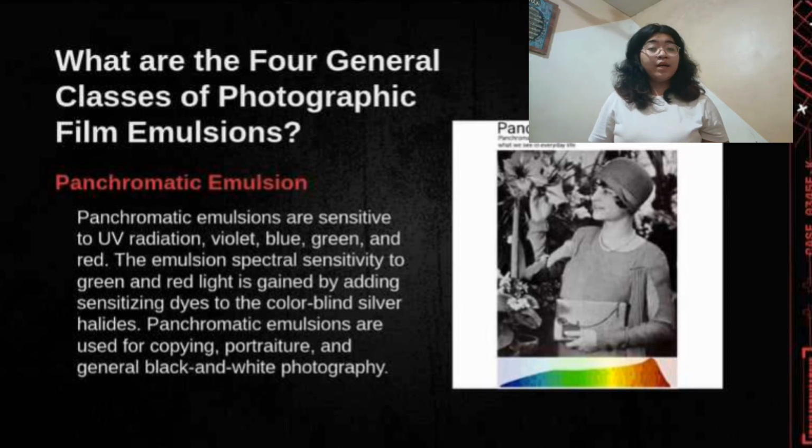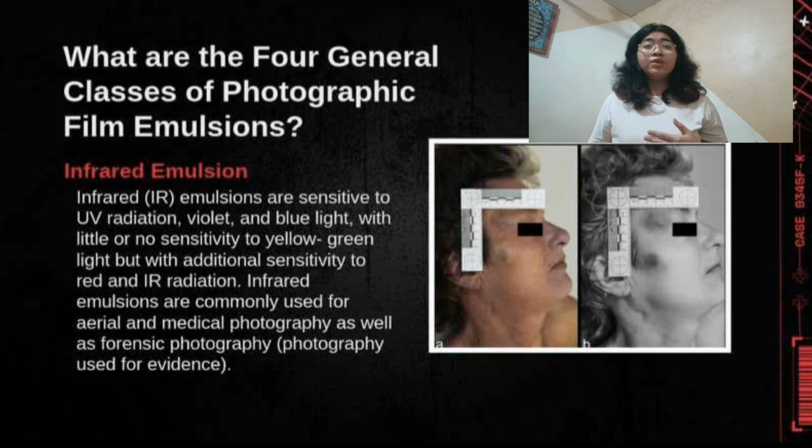So the last one in the four general classes of photographic film emulsions is the infrared emulsion, or the IR. These are unique because they have additional sensitivity to red and infrared radiation, which is beyond what the human eye can see.